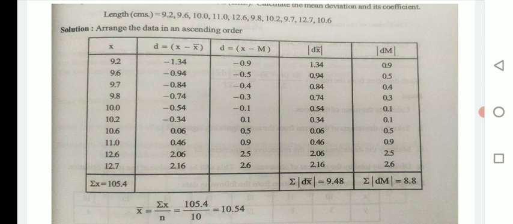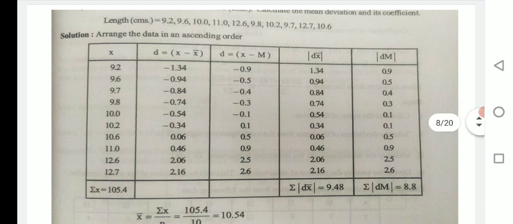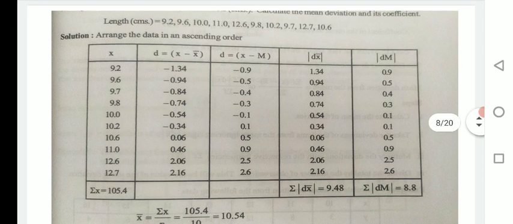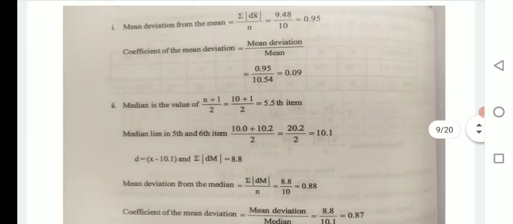So here we have the mean deviation, that is summation dx upon n, which is 9.48 upon 10, and it is 0.95. Then the coefficient of mean deviation is given by the formula mean deviation upon mean, and for this the answer is 0.09.